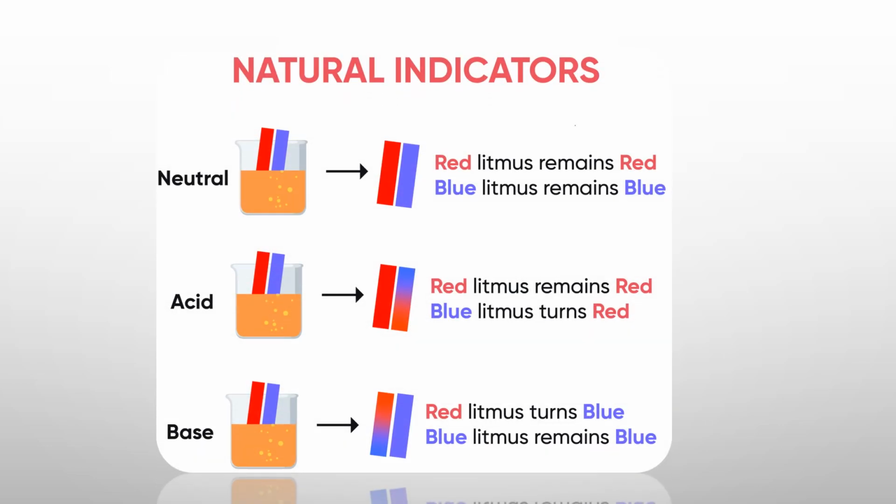We know this about the natural indicators: in neutral, red litmus remains red and blue litmus remains blue, there is no change. In acids, red litmus remains red and blue litmus turns red. But for bases, red litmus turns blue and blue litmus remains blue.